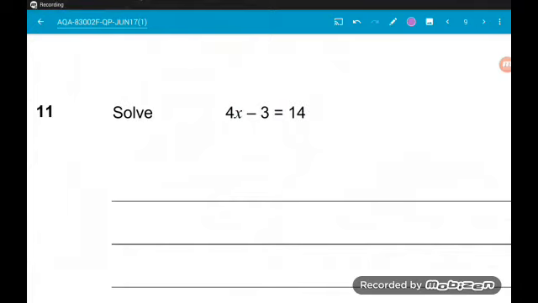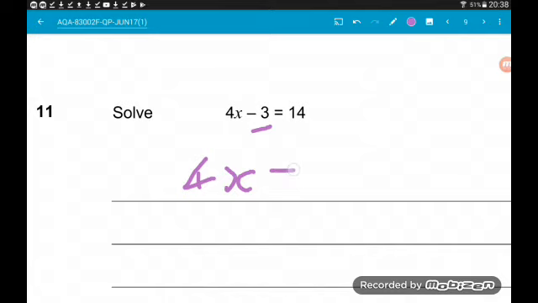Question 11, so this is going to be the last question for part 1. We'll finish the paper off in parts 2 and 3. So we want to solve 4x minus 3 equals 14. So the first thing we want to do is sort out this minus 3. So to get rid of him, we add 3. And remember, we do that to both sides.